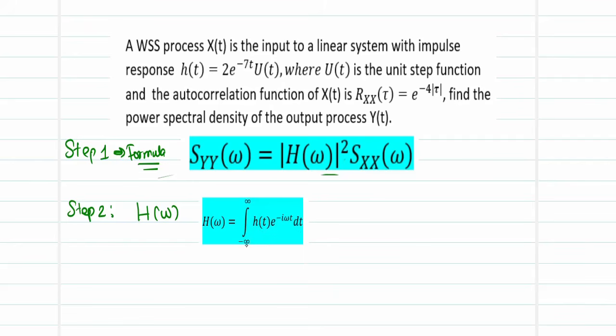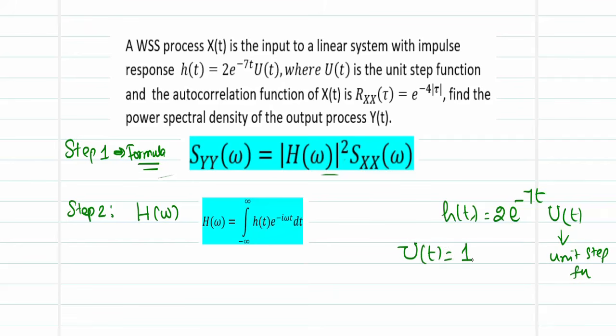Now this limit extends from minus infinity to infinity. But what happens in my case? I have my h of t defined as 2 e power minus 7t into u of t. What is this u of t? This u of t is the unit step function. What is the speciality of this unit step function? This unit step function is going to take the value of 1 for t greater than or equal to 0 and 0 elsewhere.